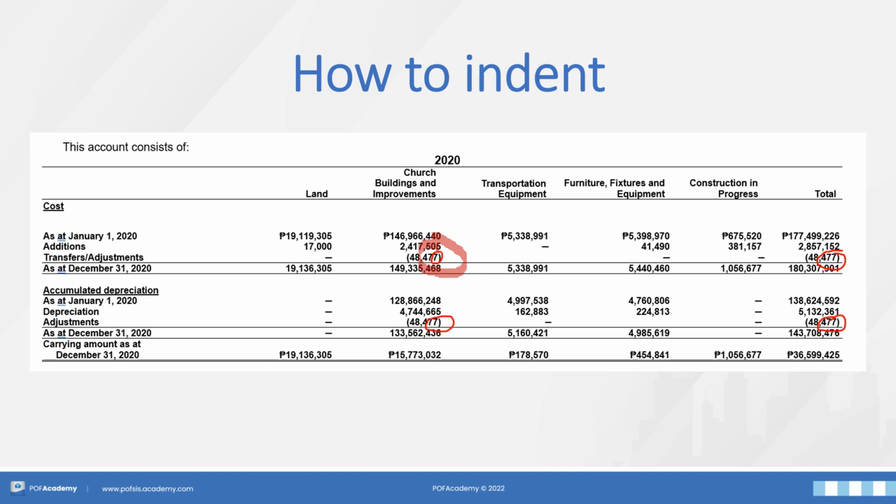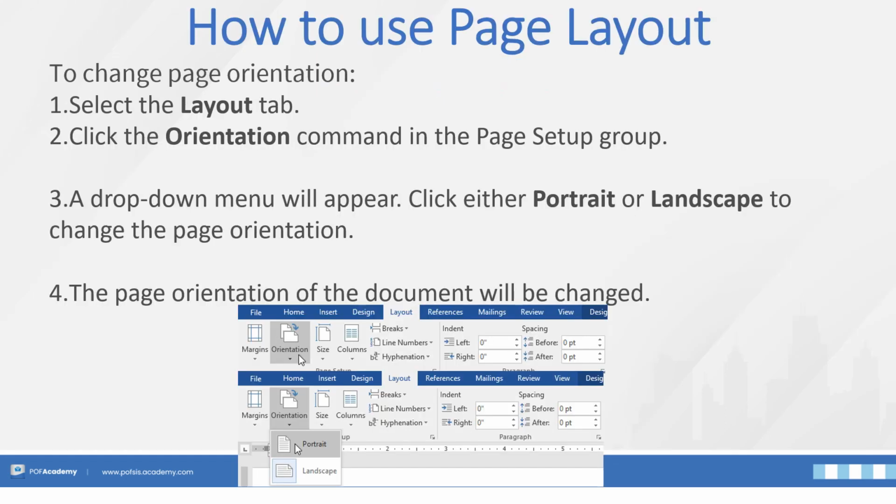I'll discuss in the next slides. If you want to align all the numbers, you can go to the Page Layout. Then in the page layout, you can select the spacing. You can choose from before or after para magpantay siya.